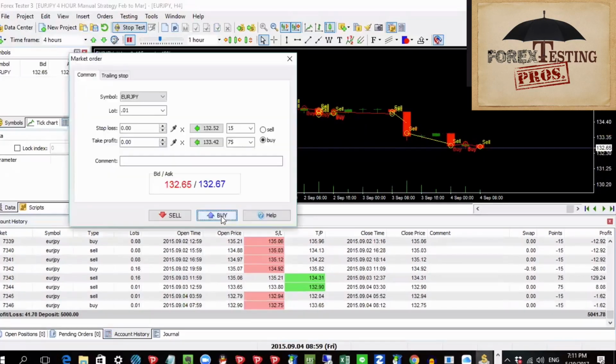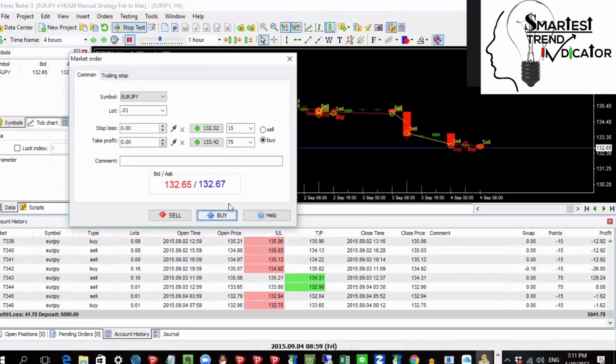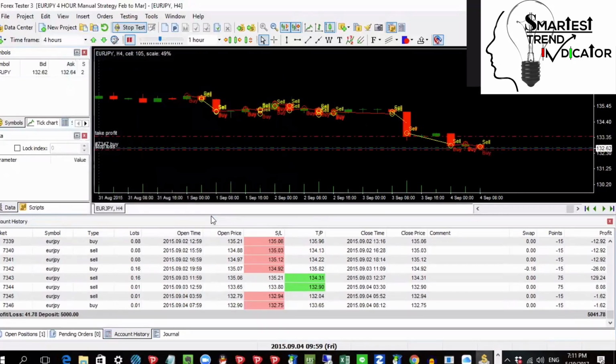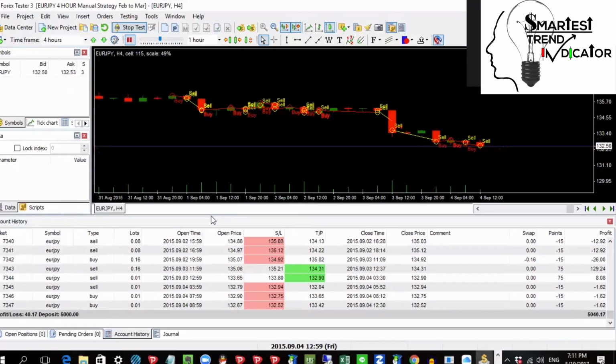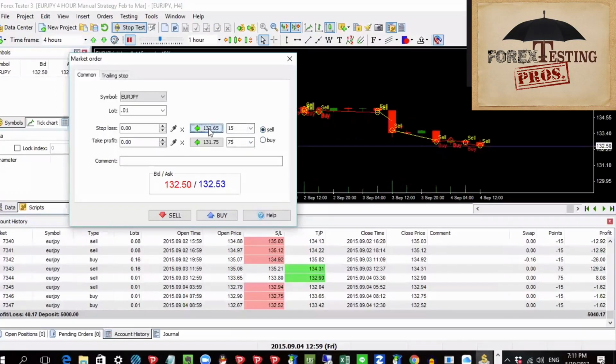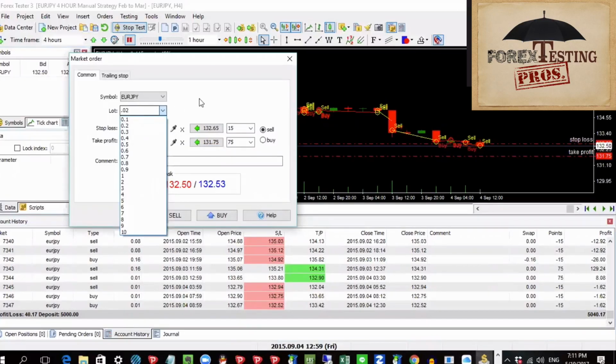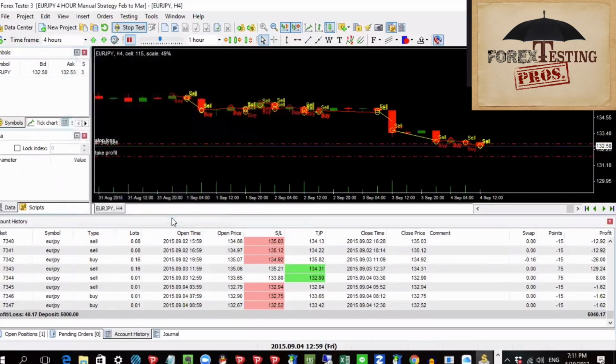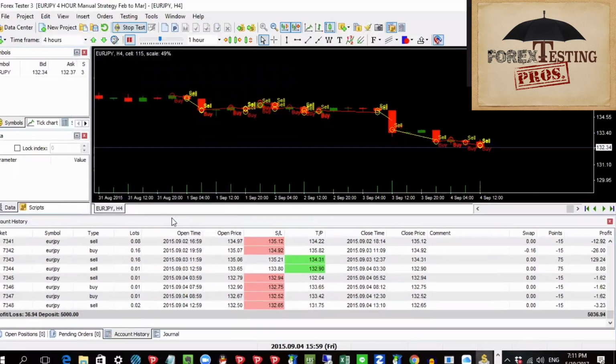1. Okay. I'm still going the same direction. 2, 3, 4. Okay. Now I'm going to sell, and I'm going up a lot size. 2, 3, 4.